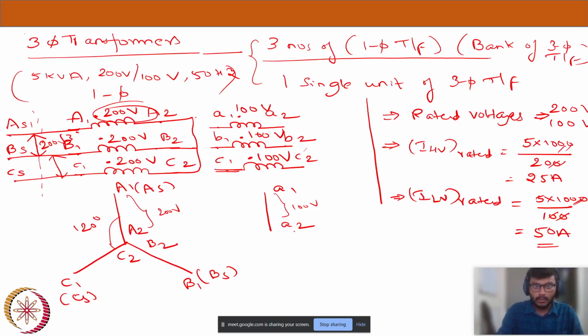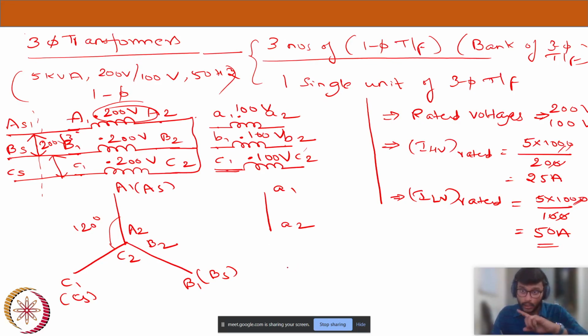Sorry, the scale is not exactly half here, but keep in mind that the phasor magnitudes will be half, because 200 is my HV side, 100 is my LV side. Now we can see B1, B2 in this fashion.